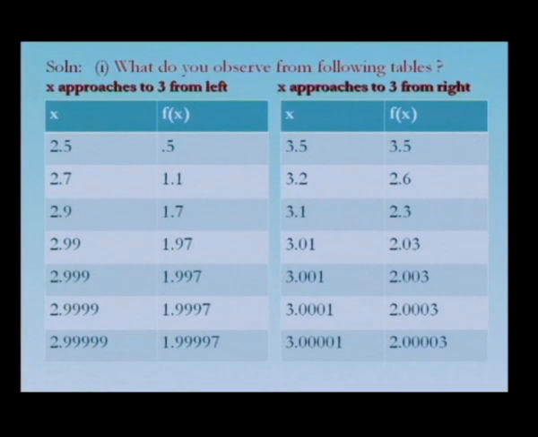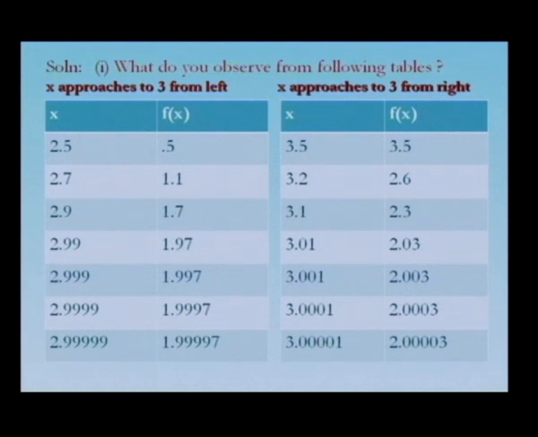Let us first consider the table on the left hand side. Here when x is 2.5, f(x) is 0.5. When x reaches 2.7, f(x) reaches 1.1. When x reaches 2.9, f(x) reaches 1.7.